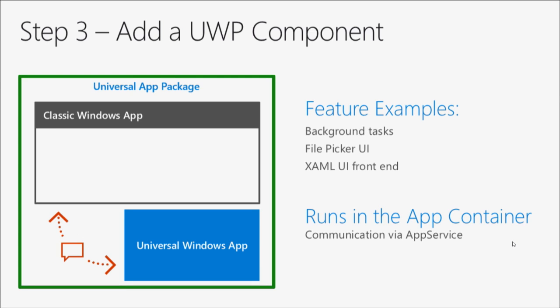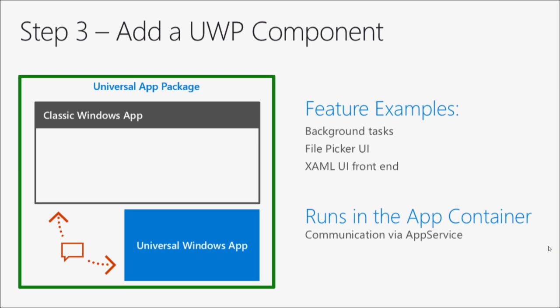The one thing to remember, though, is that the code that you write, the code that's participating in those contracts, runs in the app container. It's real Universal Windows code. It's exactly the same code that you would write if you were starting with a Universal Windows app and wanted to support those contracts.